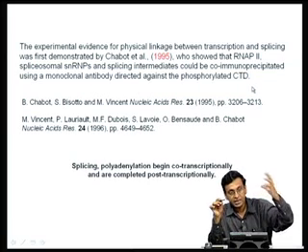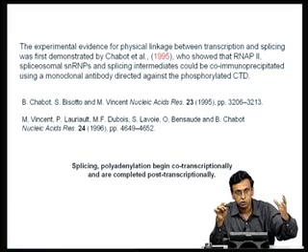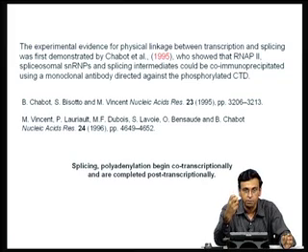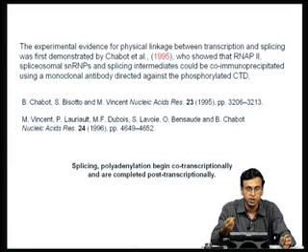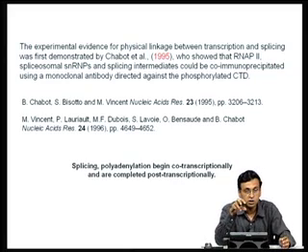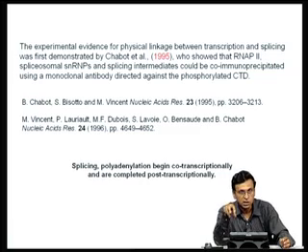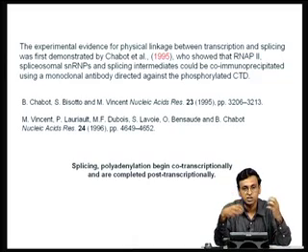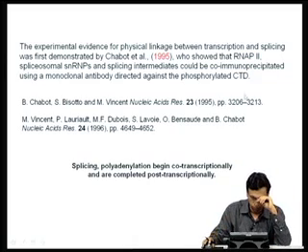So, if you take cell extracts which contain RNA polymerase II with its CTD and other factors, and you have an antibody specifically raised against the C-terminal domain of RNA polymerase II, and you do immunoprecipitation, not only does the RNA polymerase II CTD come down, but along with that you can also pull down proteins involved in splicing, indicating that many of the proteins involved in splicing actually interact with the phosphorylated form of RNA polymerase II. So, these kinds of protein-protein interaction studies clearly demonstrated there is a link between splicing and RNA polymerase II.